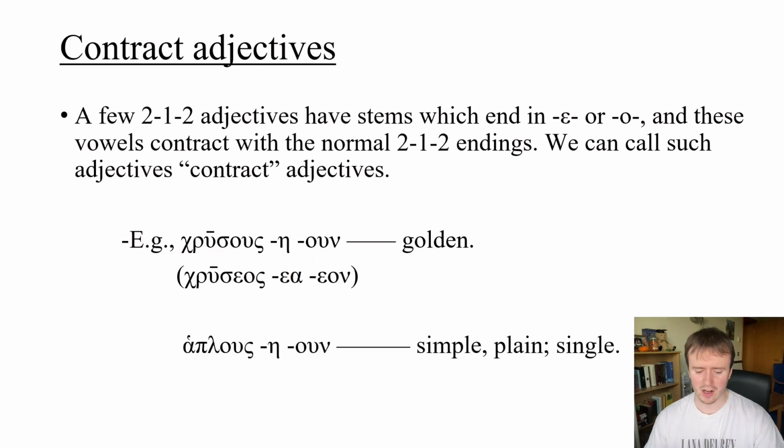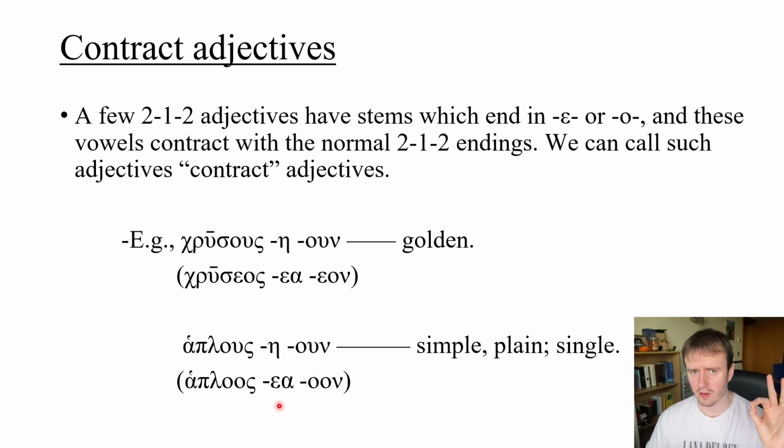Another example of a contract adjective is the adjective haplous, which means simple, plain, or single. This one is an omicron contract adjective. It's actually haploos. But oos contracts to give us ous, and on in the neuter contracts to give us un. Something weird happens in the feminine with contract adjectives which have stems ending in omicron.